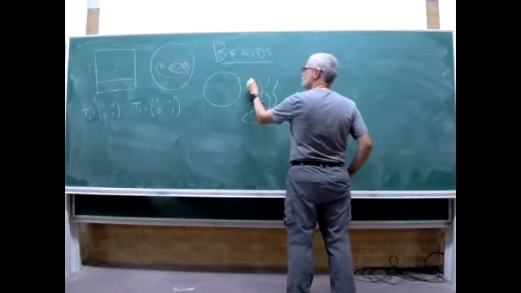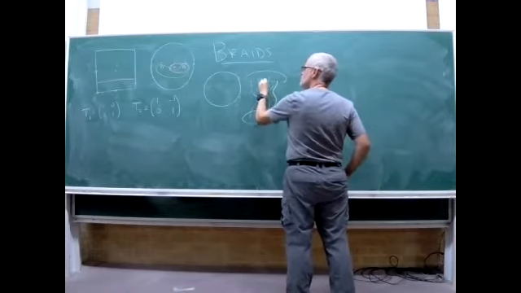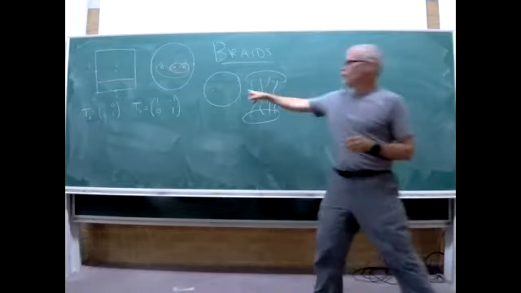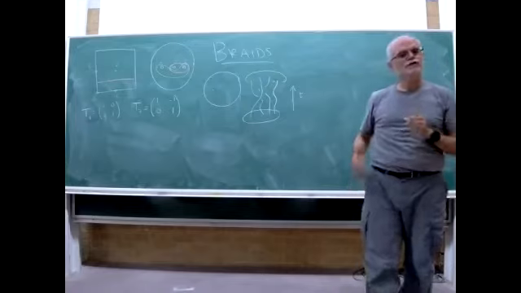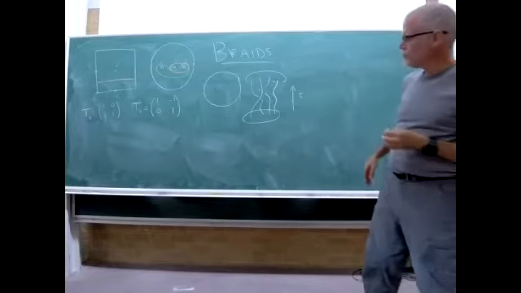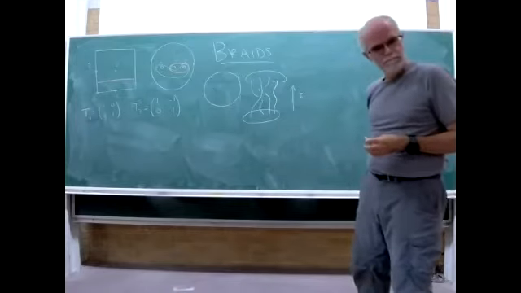So here I'm just drawing some arbitrary motion of the points, and here I'm plotting t vertically. So you're lifting the motion of these points to a space-time diagram.